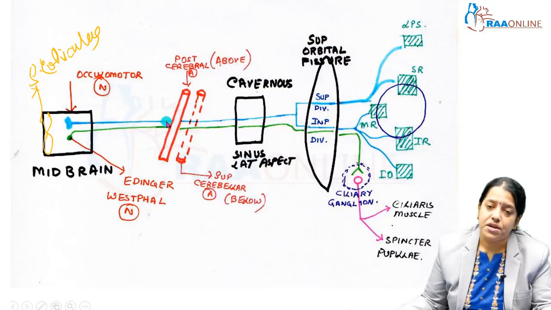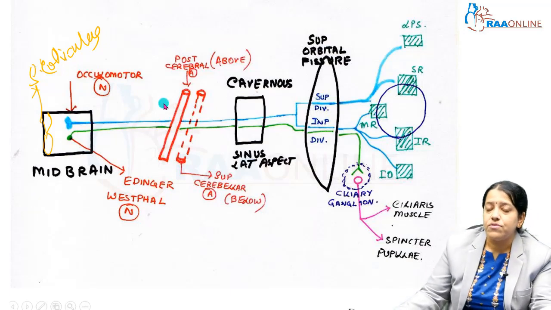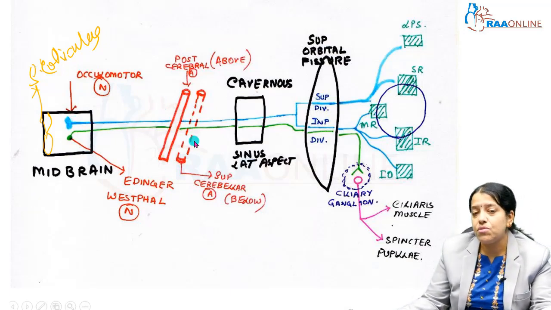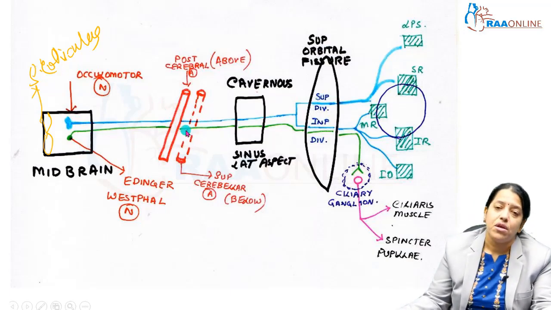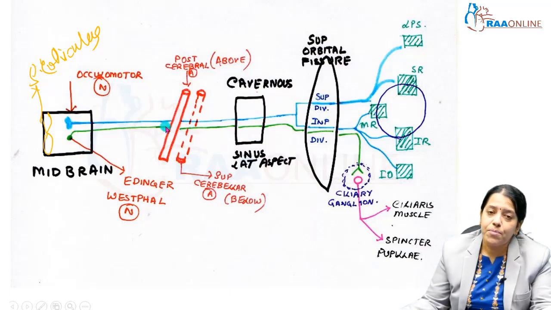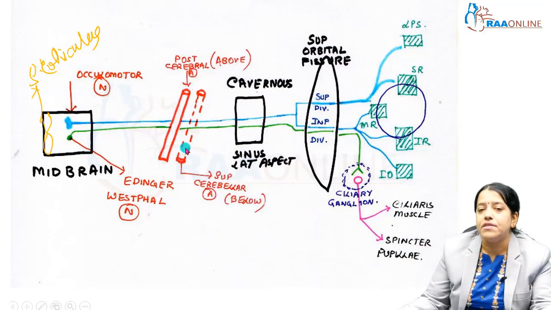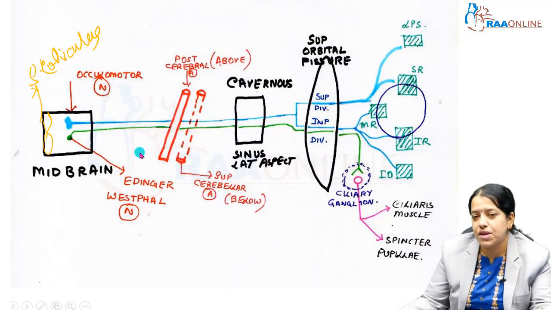You can see it is passing between two arteries, which are very important landmarks. Once it comes out, it passes between the two arteries at the upper border of the pons, between the posterior cerebral artery and the superior cerebellar artery below. So it lies below the posterior cerebral artery, but above the superior cerebellar artery.